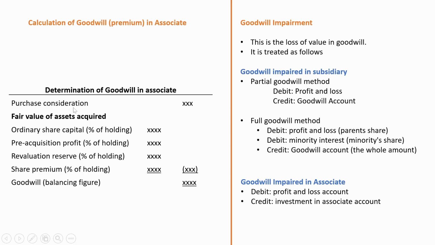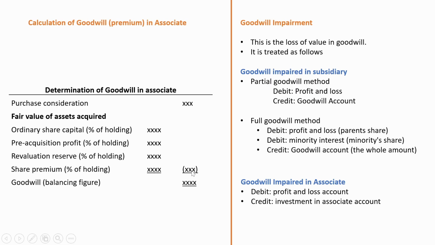So we start with the purchase consideration. This is what the holding company paid to acquire the associate. Then we have the fair value of assets acquired. You take the same items which are classified under equity and reserves in the balance sheet of the associate. You multiply by the percentage of holding of the acquiring company.